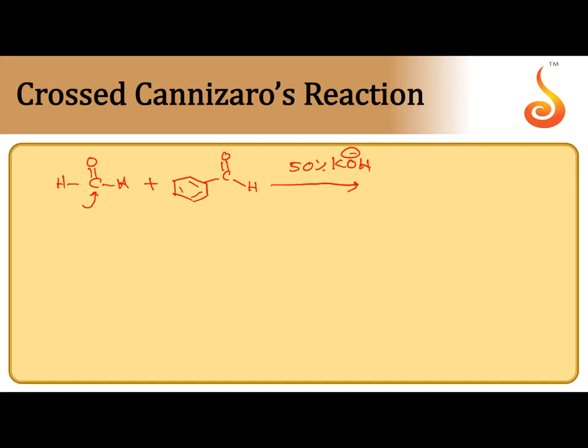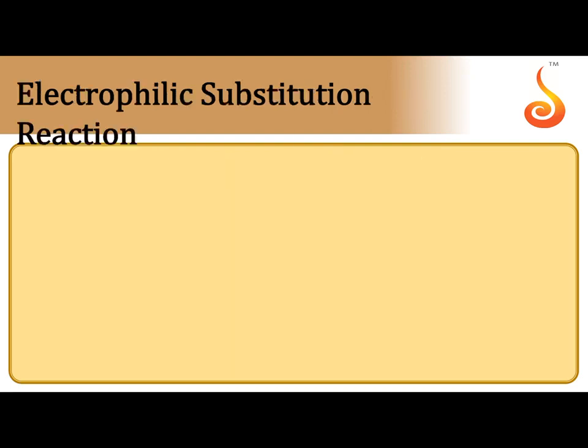So the smaller aldehyde, with less steric hindrance, undergoes oxidation preferably. So formaldehyde undergoes oxidation. The oxidized product is formic acid, but that undergoes neutralization with KOH, forming potassium formate. Then the other aldehyde undergoes reduction, and we get benzyl alcohol. This type of reaction is called crossed Cannizzaro reaction.